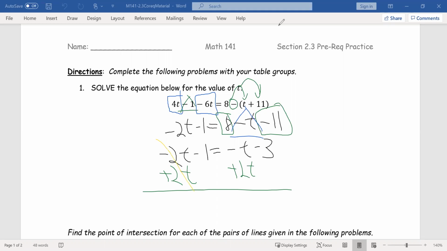So these will cancel. We'll have negative 1 equals, we have a negative t plus a 2t. Recall that that negative t we can think of as being negative 1t. So negative 1t plus 2t would give us positive 1t, which is just the same as t. And then we still have the minus 3 there.